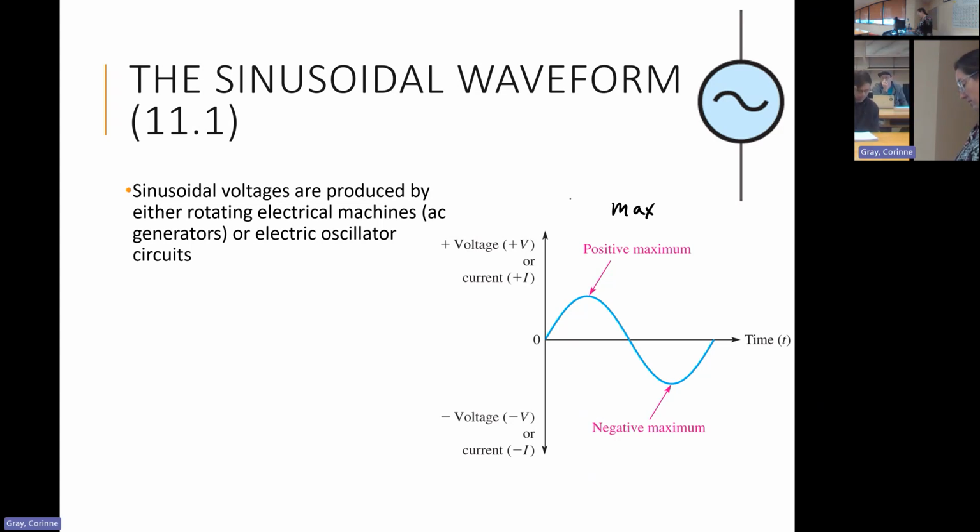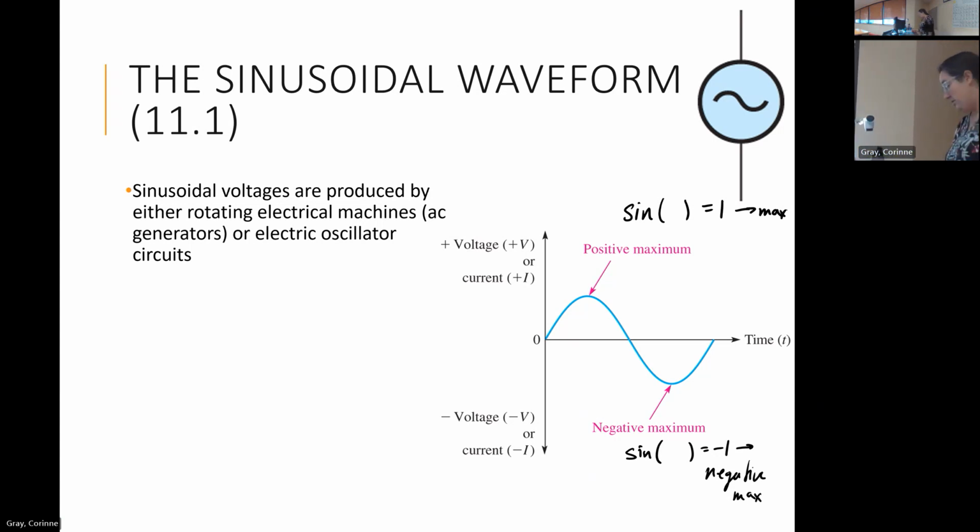Yeah, so sine equals 1. This is our max. And then for the negative value, sine of whatever inside equals -1. This is the negative max.